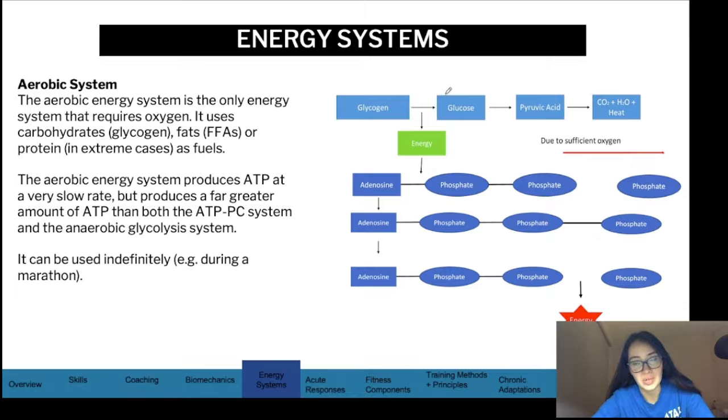So you can see there is a bit of difference here. Once again, we use this energy to rebuild ADP into ATP and then release that energy. And you can use it to contract our muscles during events such as a marathon or whatever event you're doing, which requires long-term muscular endurance type stuff.